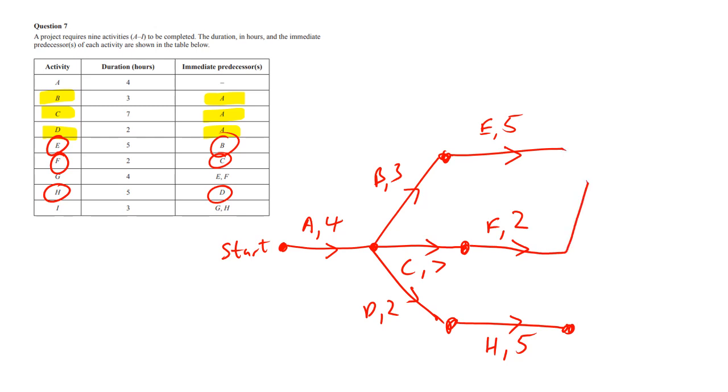So E and F need to join together because it says here to make G. So that's G, comma 4. And then G and H are needed for I. So we can take the end of this one.